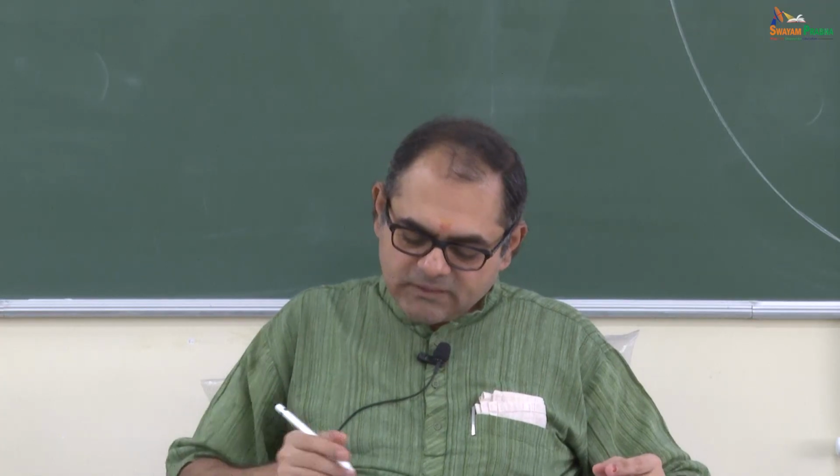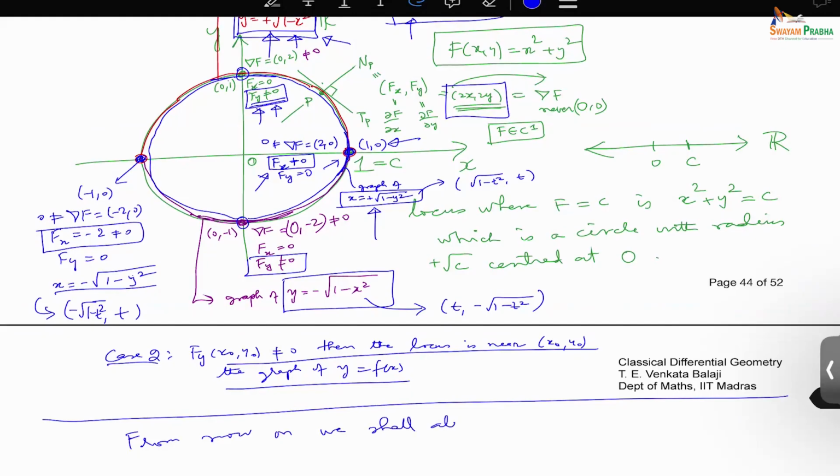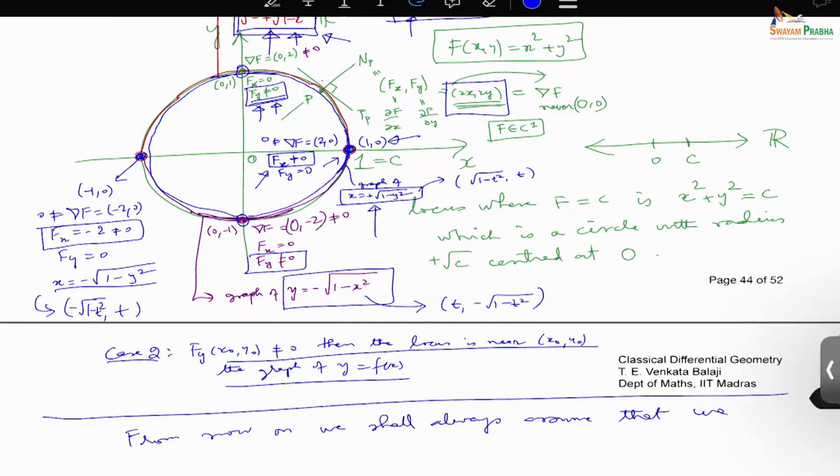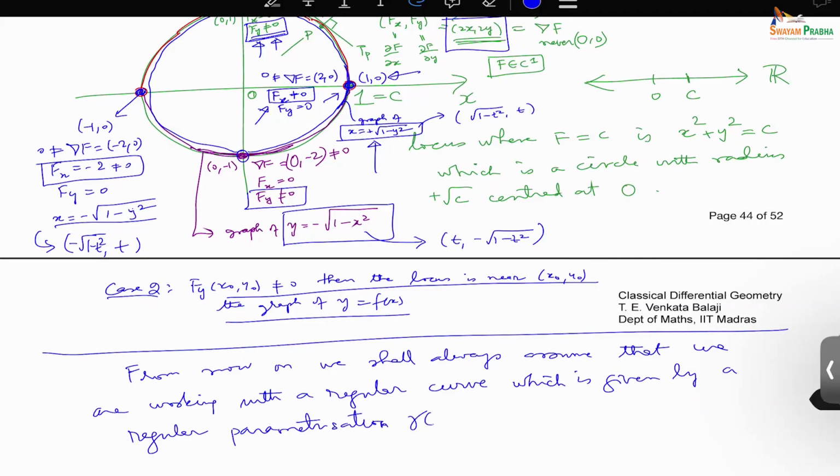So let me write this down here. From now on, we shall always assume that we are working with a regular curve, which of course means a curve given by a regular parameterization gamma of t, t in [a, b].